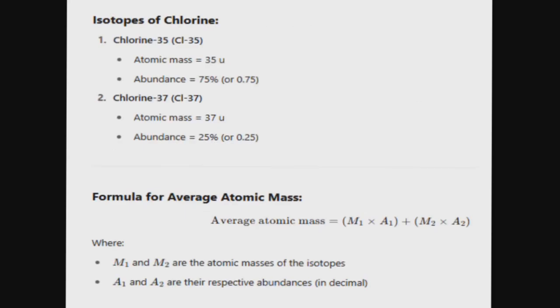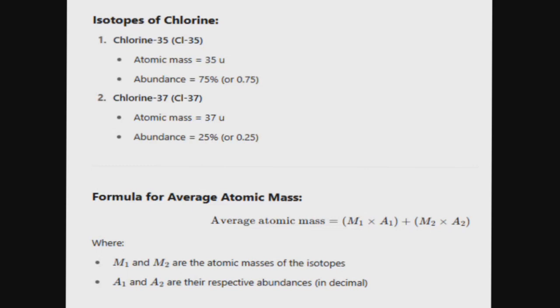Then to find the average atomic mass, 35 times 0.75, what you get from it, you add it to 37 times 0.25, and it will give you 35.5 that you normally see in your periodic table.